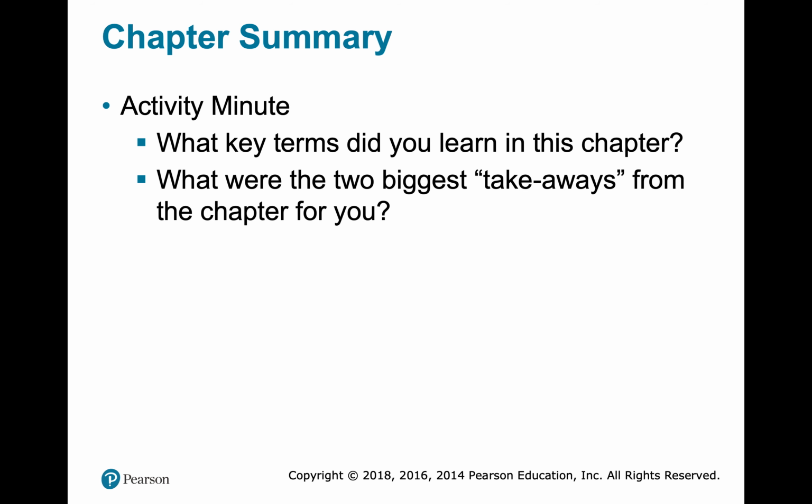All right, and we have made it to the end of the chapter. Okay, so just to summarize, we did discuss the globalization of markets, the globalization of production. We discussed offshoring, outsourcing, right? The decline of trade barriers, right?